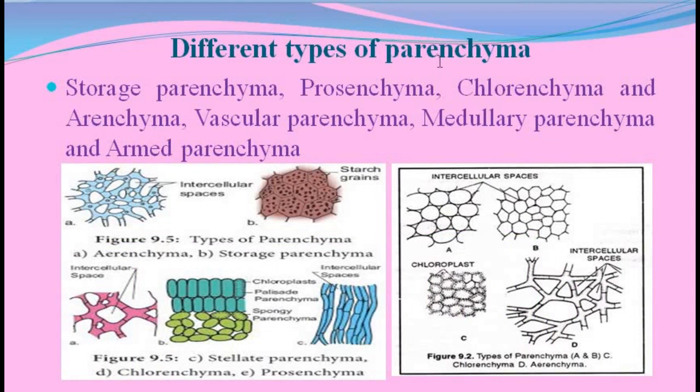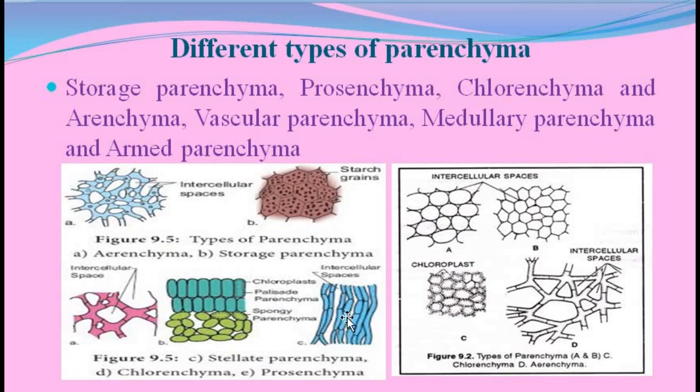There are different types of parenchyma based on the function they perform. Like storage parenchyma. The parenchyma cells which store the starch grains are called storage parenchyma. Then the second type is called the prosenchyma.